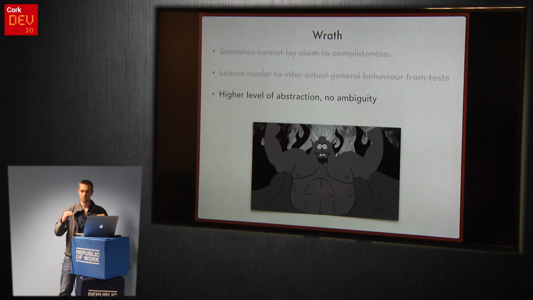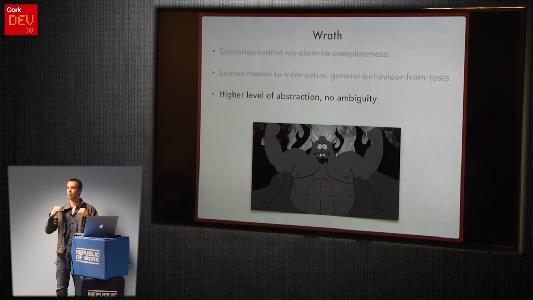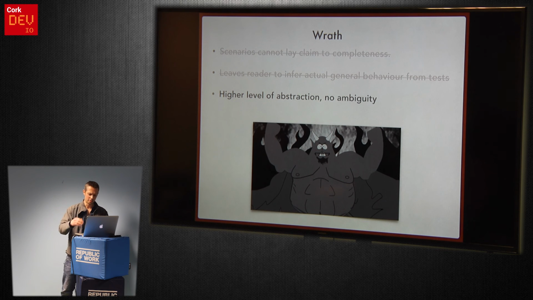And what's nice is that by not using particular values, you're raising the level of abstraction. So you're empowering yourself and the team to reason about your code at a higher level. And it's less typing, more thinking, which is always good, right?